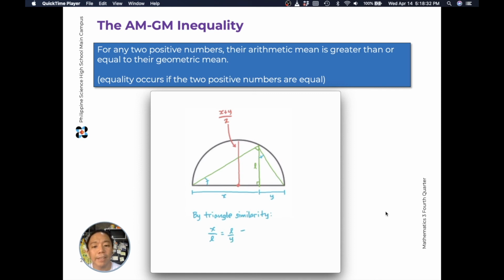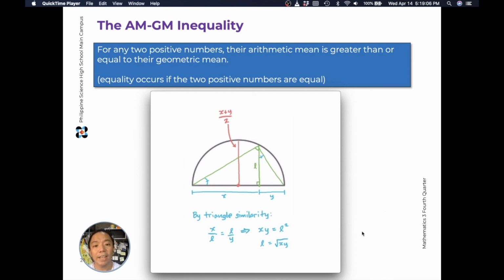If we cross multiply, we get the resulting equation xy is equal to L squared, or taking the square root of both sides, L is equal to the square root of xy, which is the geometric mean. Again, we only take the positive, because L is a length, so it's always positive.